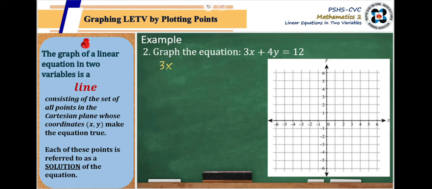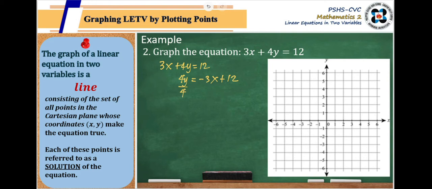We have 3x plus 4y equals 12. So here I'm going to isolate y, or should I say I'm going to solve for y in this equation. First, we transpose 3x to the right side. So we have 4y is equal to negative 3x plus 12. And then, since I want to isolate y, I will have to divide both sides of the equation by 4.